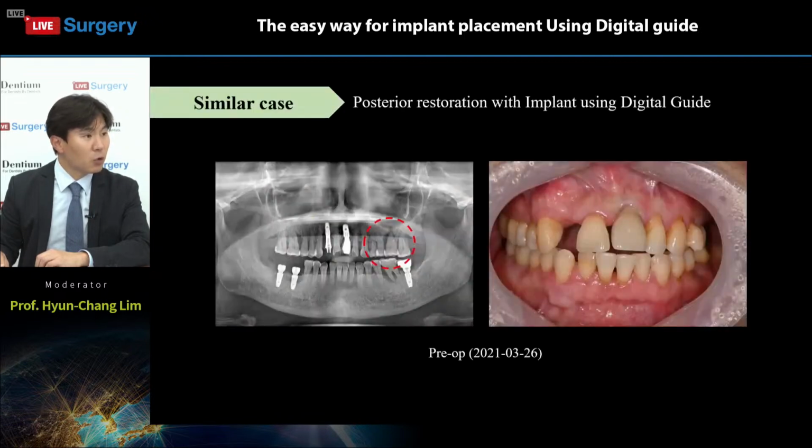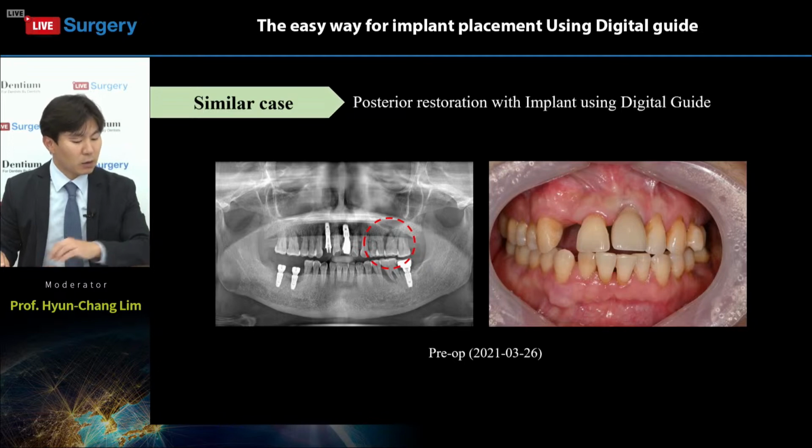Until now, we very briefly checked today's plan. And now I want to share similar cases before starting the live study. The case was done in 2021. Maybe this case is from one of the live surgeries at the time. The patient you are seeing needed implant treatment on the upper left posterior area from the first premolar to the second molar area.